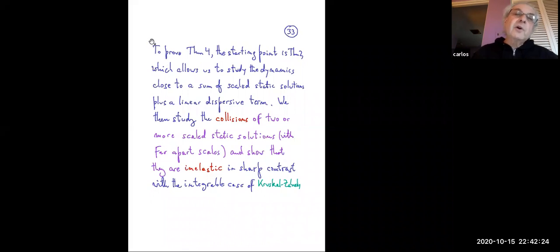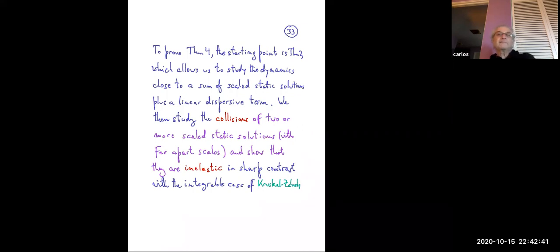It is not that the decomposition for well-chosen sequences of times follows from this result. The decomposition for well-chosen sequences of times is the first step in the proof of this theorem.